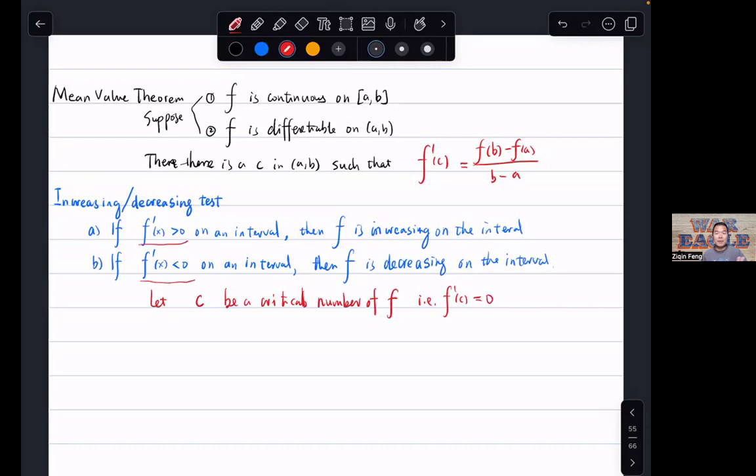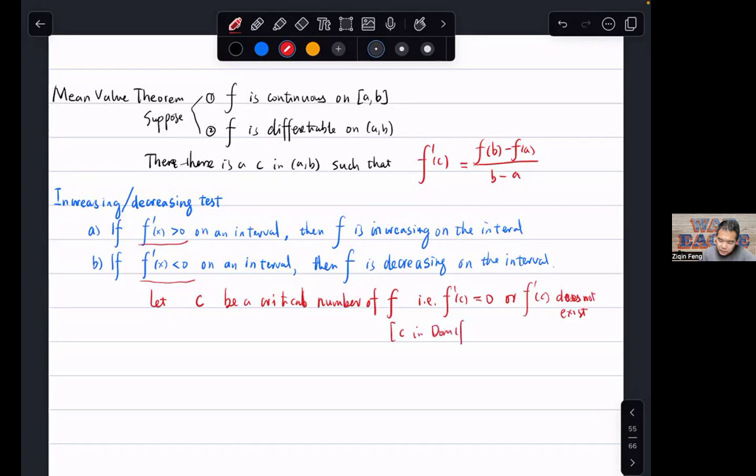We want to see what happens when the derivative is zero or doesn't exist. By our assumption, c is in the domain of f.